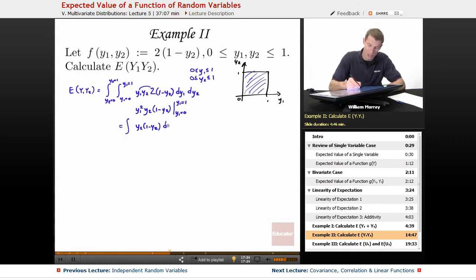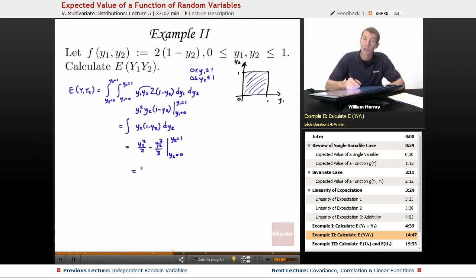And I'm integrating this dy2. And so that's y2 minus y2 squared. Well, the integral of y2 is y2 squared over 2. The integral of y2 squared is y2 cubed over 3. And I need to evaluate that from y2 equals 0 to y2 equals 1.